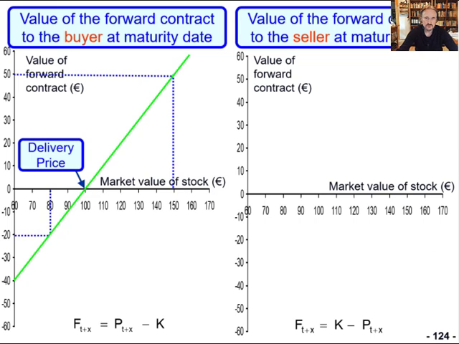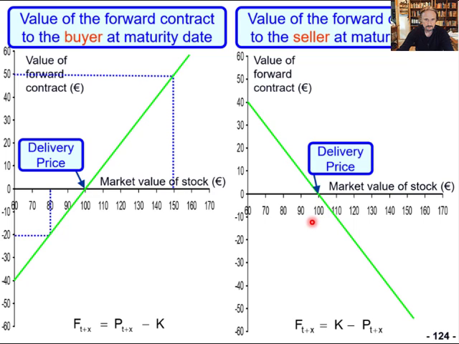For the selling position in a forward contract, the relationship is of course inverse. So the line has this negative slope and cuts the x-axis again at the delivery price. Now let's transfer our numerical example to the market value of the selling position in a forward contract.